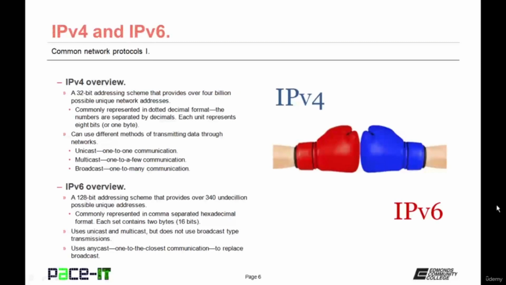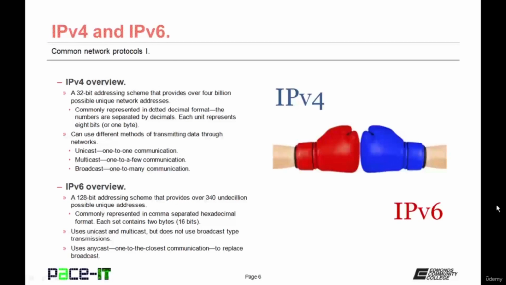So let's do an overview of both IPv4 and IPv6. And we're going to start with IPv4. It's a 32-bit addressing scheme that provides over 4 billion possible unique network addresses. It's commonly represented in a dotted decimal format. The numbers are separated by decimals.